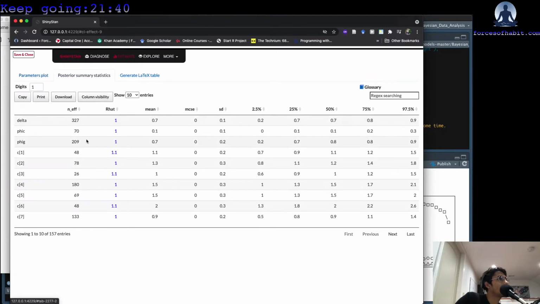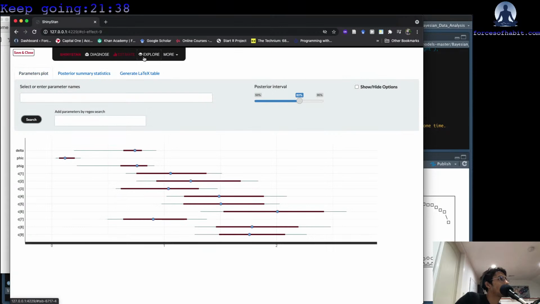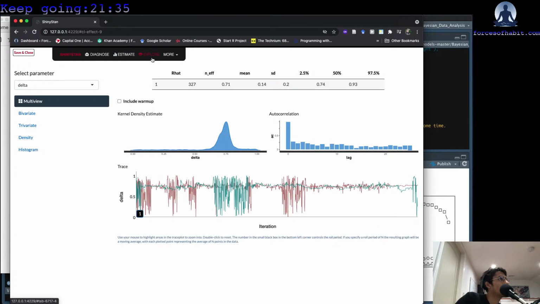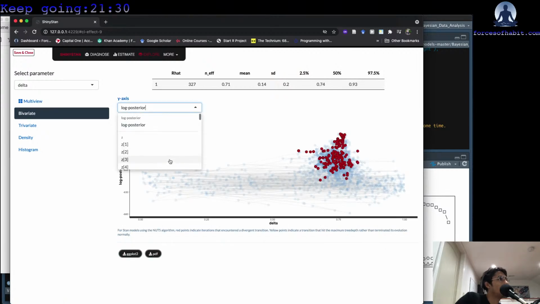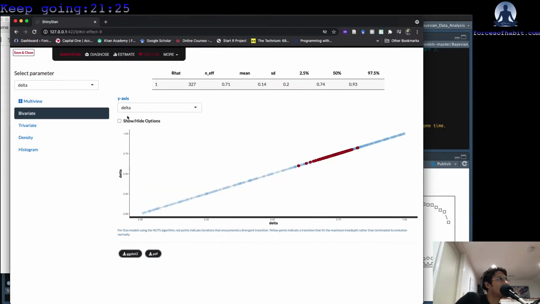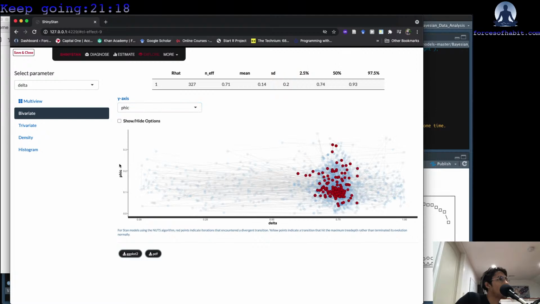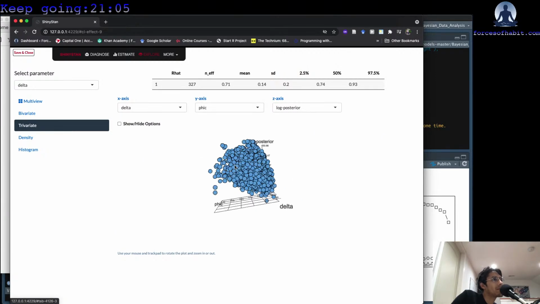Here's the summary statistics. This is really cool. Explore. Oh, you can look at bivariate distributions. So I can look at delta. Oh, I can look at delta and phi. So no relationship here. And trivariate too. It's cool.